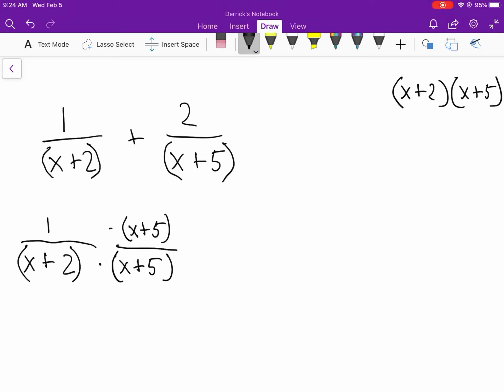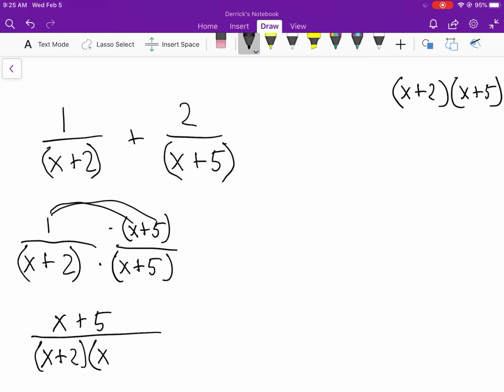Okay, so 1 times x plus 5, well, 1 times x is x, 1 times 5 is 5, so I have x plus 5 on top, and on bottom now I have both x plus 2 and x plus 5. Again, we don't need to FOIL those out. The way I've written it is just fine.